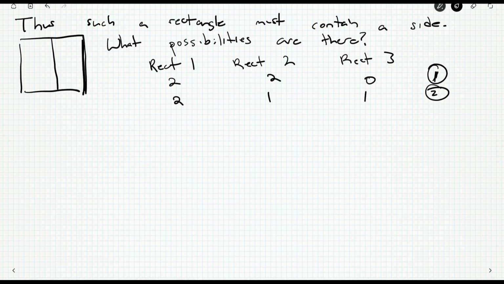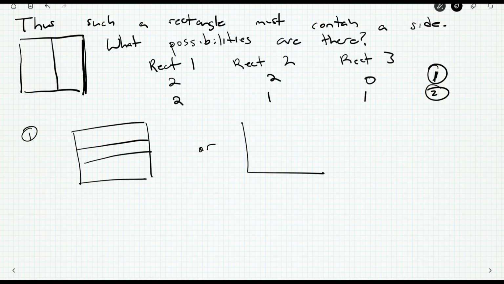So for this one we could have all 3 of them congruent. Or what could we do? We could have the bottom one and then the top one here be congruent but sort of the other way. So let's say we have 1 and x.